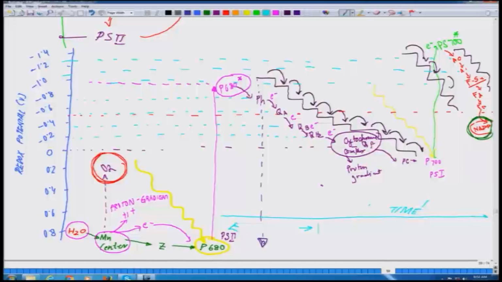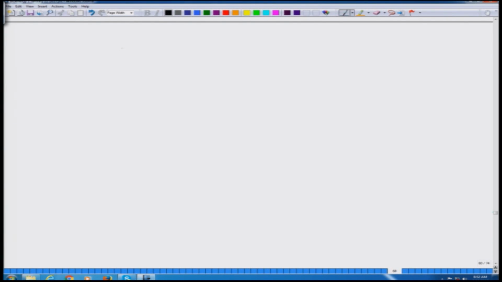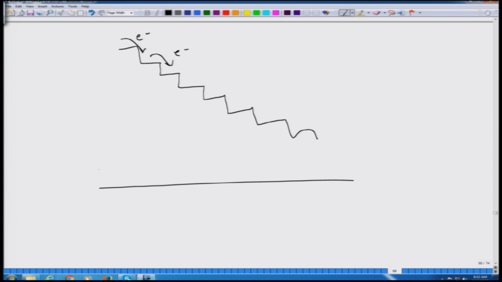It is something like, by allowing the electron to hop down like this in a staircase model, you are increasing the time window across the membrane, as if there is a battery which is getting charged and getting discharged like this. So, the time window helps it to maintain a polarity across it for a longer period of time.